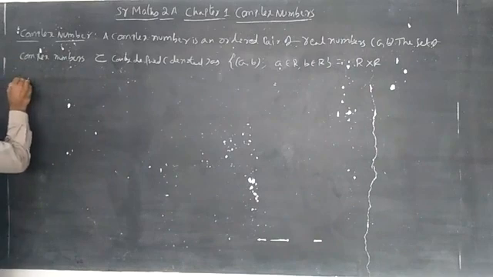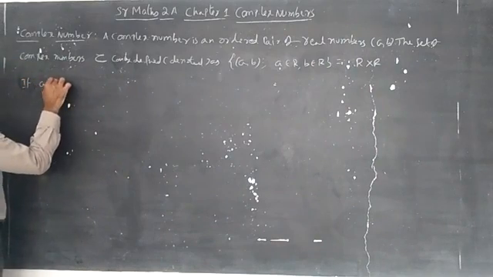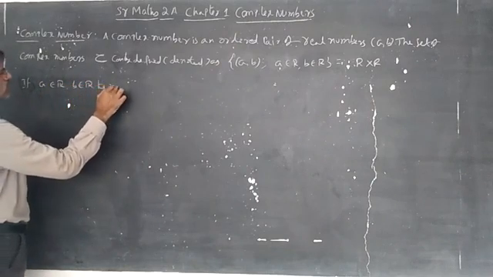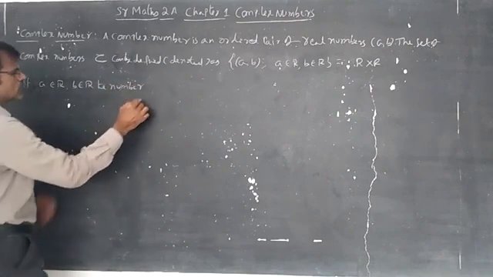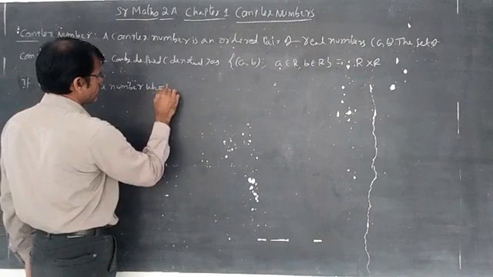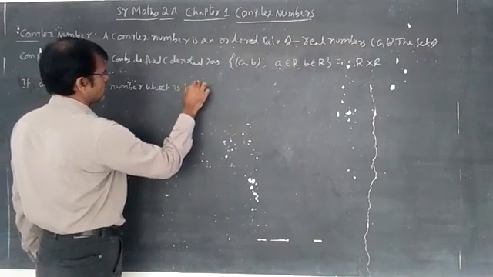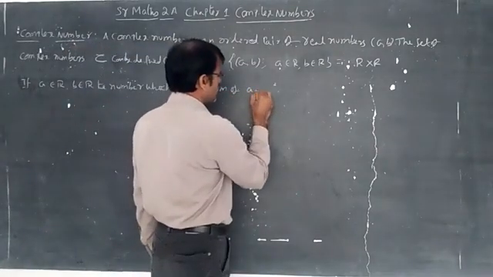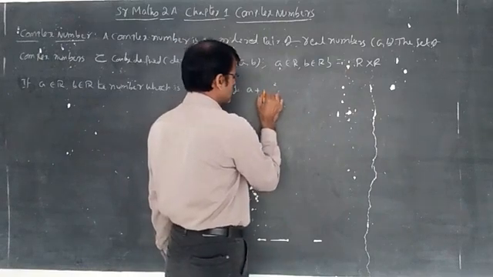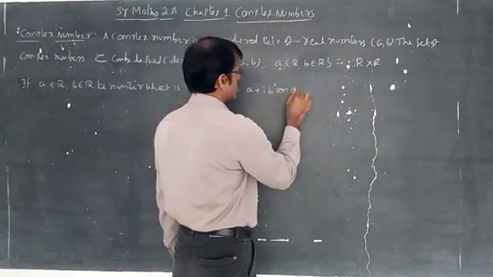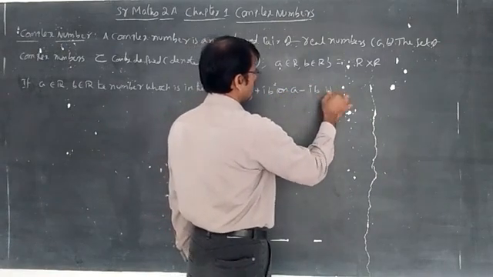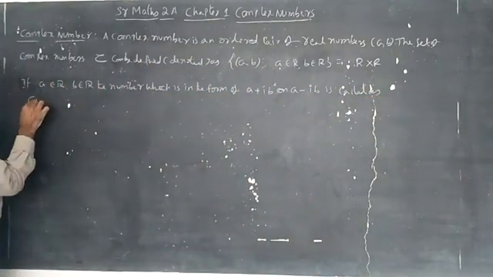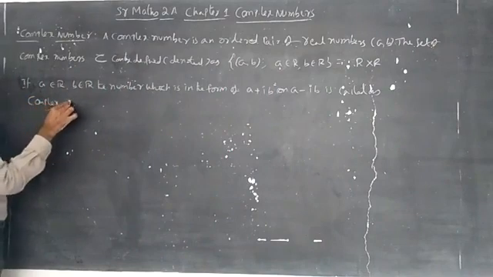If a belongs to R, real number, b belongs to R, the number which is in the form of a plus or minus ib, or a plus ib, is called a complex number.